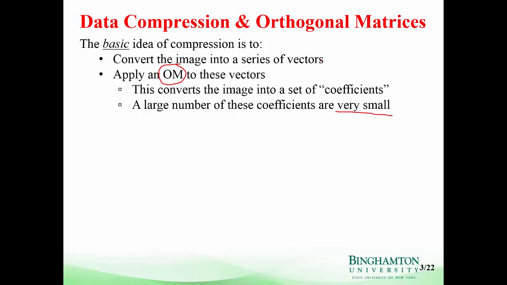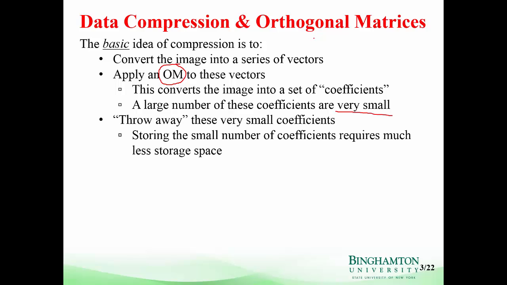So the non-matrix viewpoint and the matrix viewpoint all come together quite nicely. But the point is that you as the engineer have to figure out, if I'm interested in compressing images, what would be the good transform to use? And the good one is the one that will make as large a number as possible of the resulting coefficients very small. We'll see some illustration of this in just a little bit.